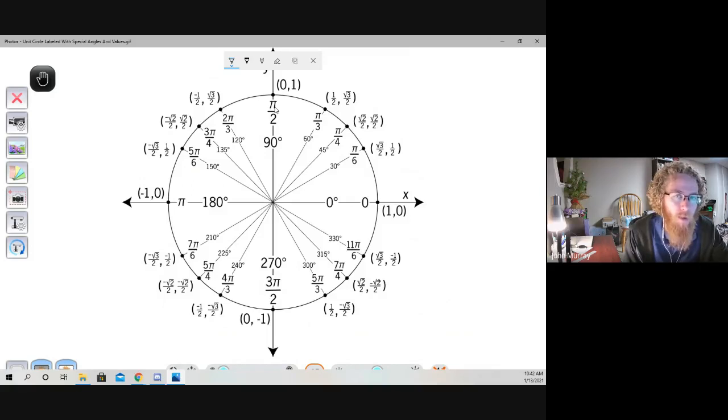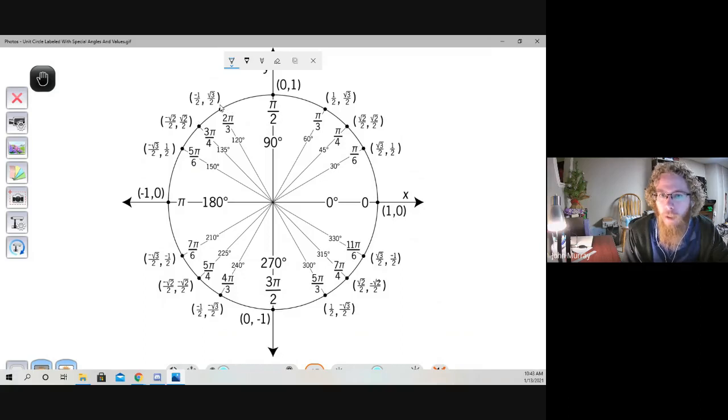I like this version because it gives you everything. 90 is pi over 2, 180 is pi, 270 is 3 pi over 2, and each one of these gives you the conversion. Other than the straight lines where you get 1 and 0, you notice there are a lot of radicals. Other than 1/2, every other answer is a radical.